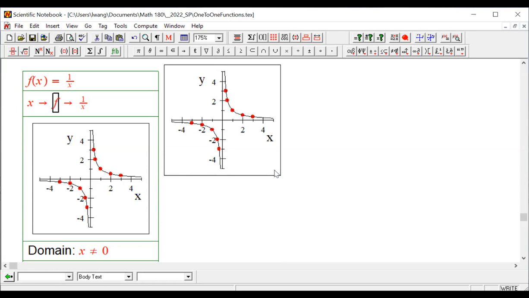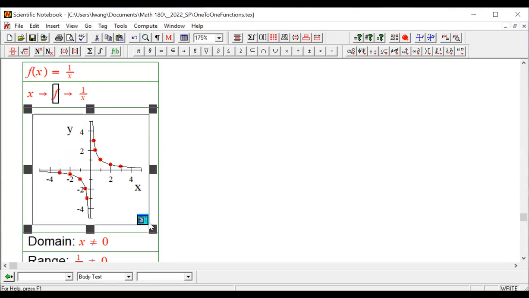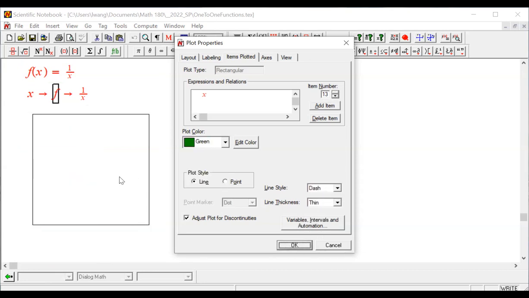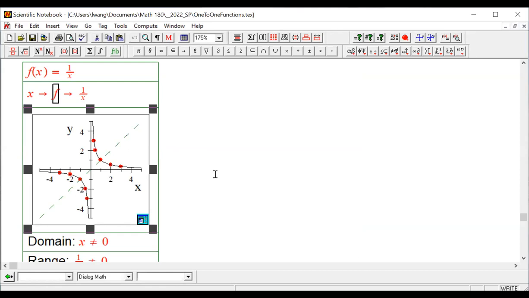Is this symmetrical along the line of the green line, which is the line of symmetry? Yes, it is symmetrical. The inverse of this function is the same as the function itself, right?